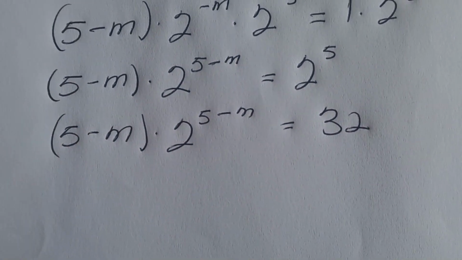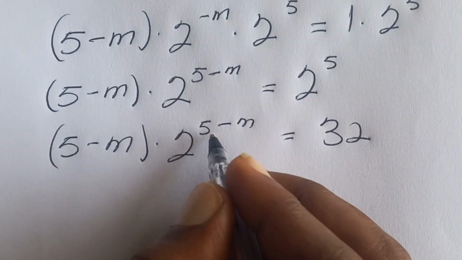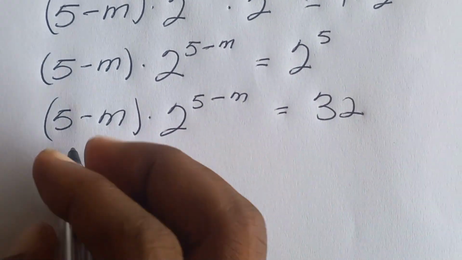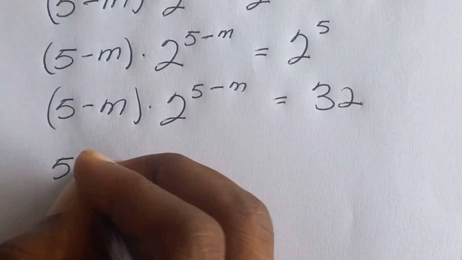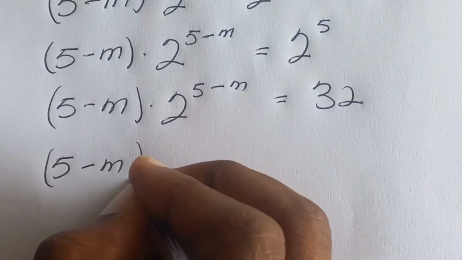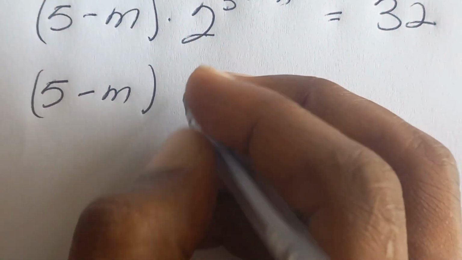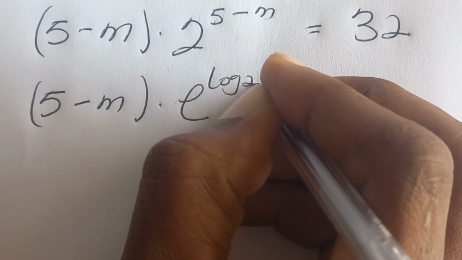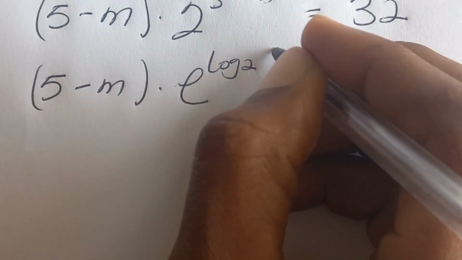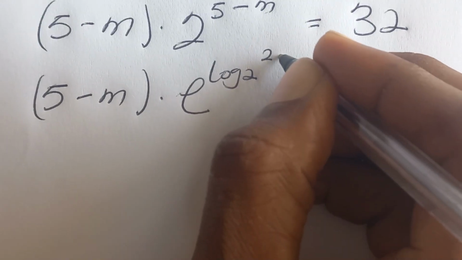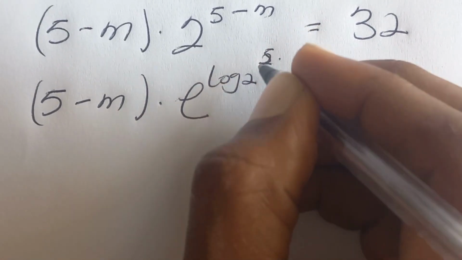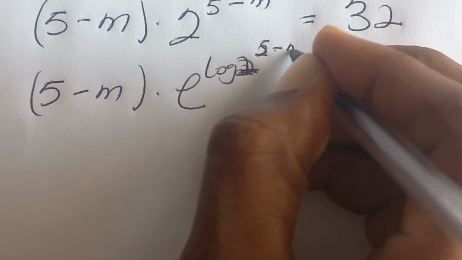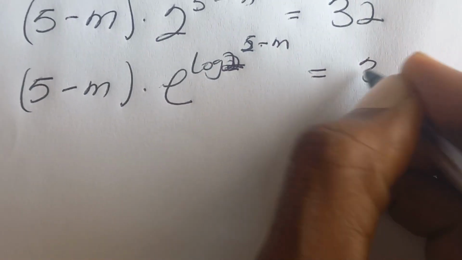Now, with this, we can write it as 5 minus m into brackets multiplied by e exponent log 2, and then exponent 5 minus m, which is equal to 32.